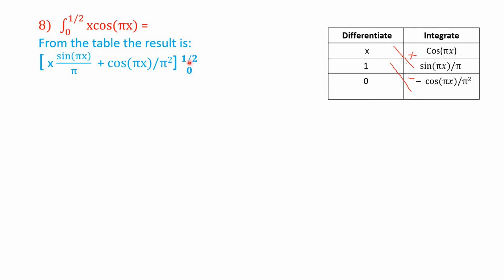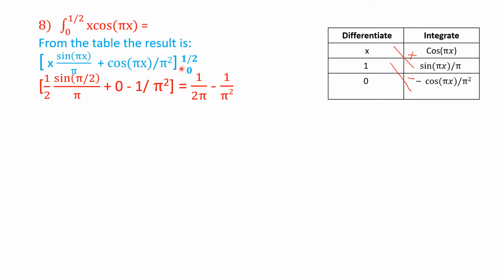So to evaluate, we just have to plug in, and to start with the upper limit half, instead of x we will have half over here, and in the argument of the sine, instead of x we will have half, so it will be pi divided by 2 over here. And for the cosine also, that will be half, so cosine of pi divided by 2 is 0, so we just plugged in 0 over here.